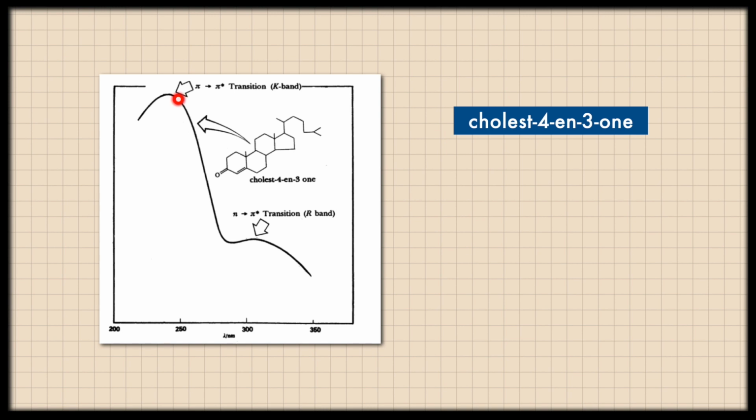Here the K band of cholest-4-en-3-one is very high in intensity, whereas the R band is very low in intensity. The K band is due to the double bond conjugation here, and the R band is due to the n to pi star transition. But still, this is not yet in the visible region; it's still absorbed somewhere in the UV region.